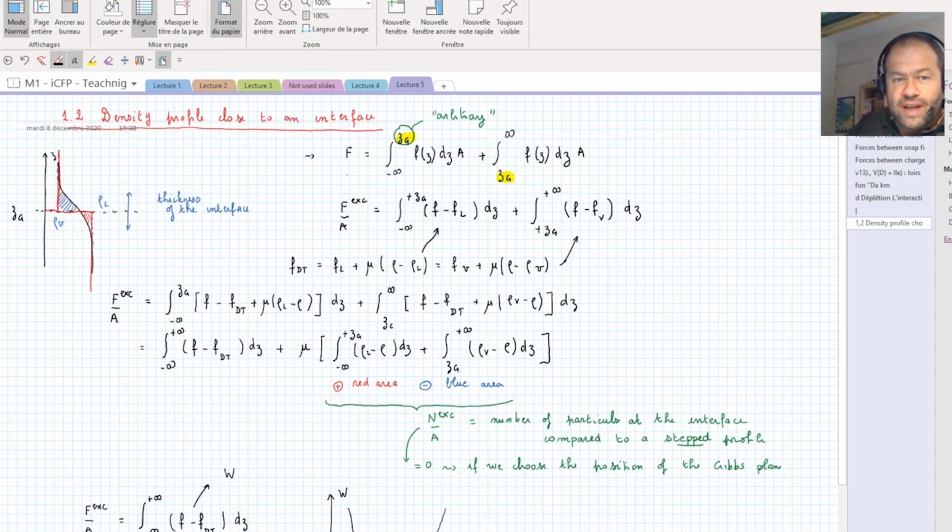And I have to subtract what I would have if I had taken a whole system with a density which is the density of the liquid, and the whole upper half system with the density of the vapor.